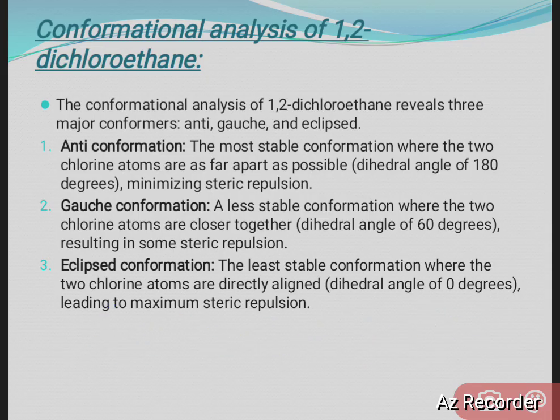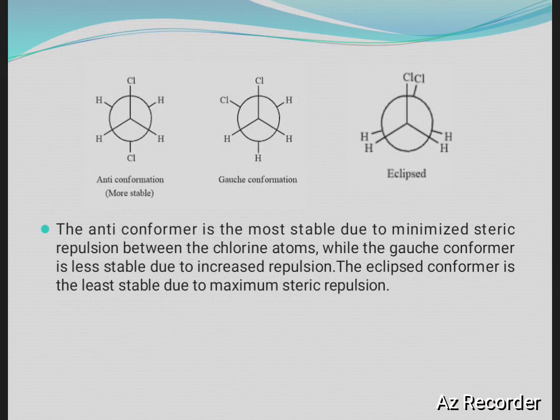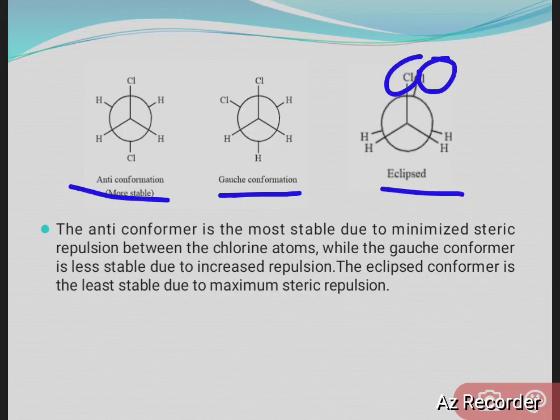See here, these are the structures of the anti-conformation, gauche conformation and eclipsed one. Here in the eclipsed, the 2 identical groups are aligned exactly one behind the other. Hence there is more electron repulsion.